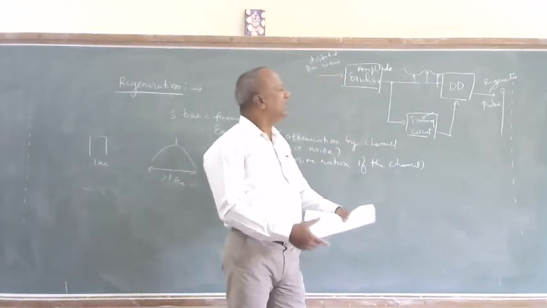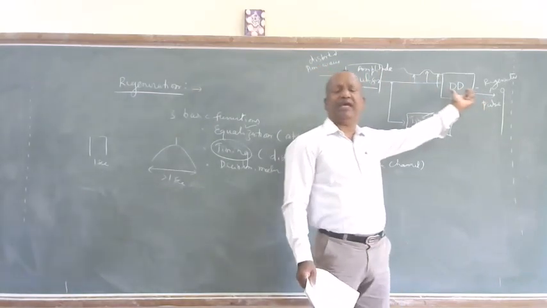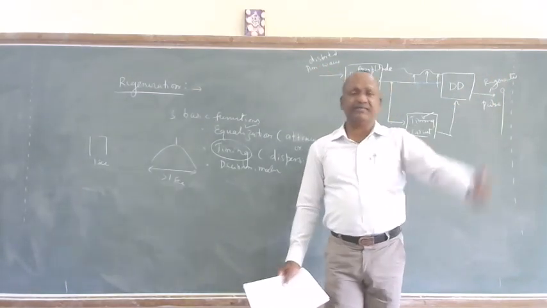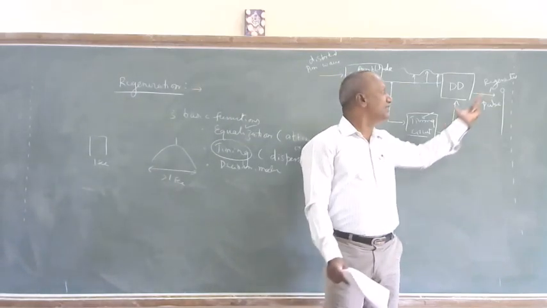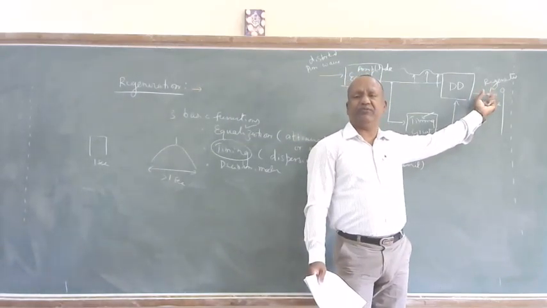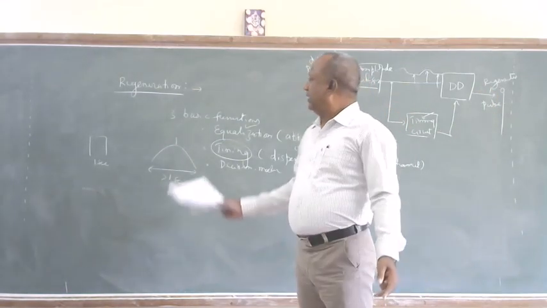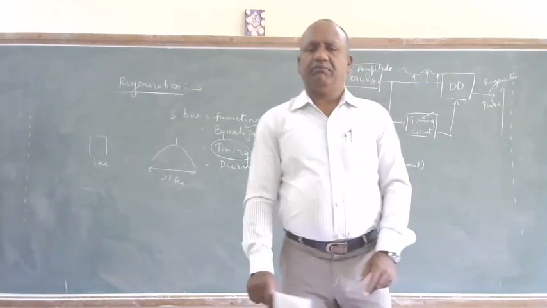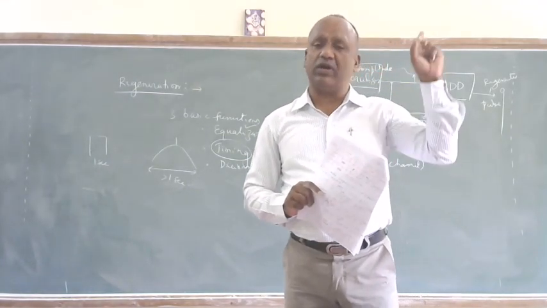In this way, it is regenerating the distorted PCM wave as it was at the transmitter side. Ideally, this is how the same signal that you transmitted is regenerated over a channel by the regenerators.